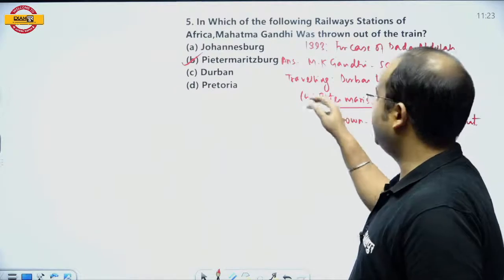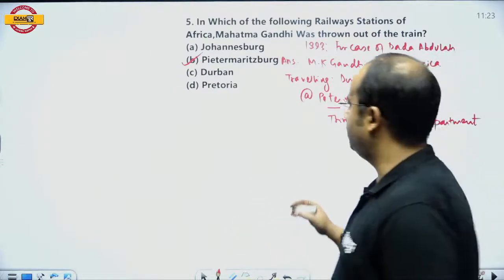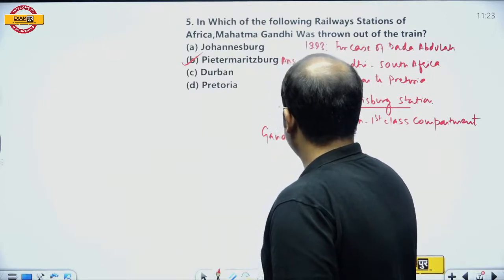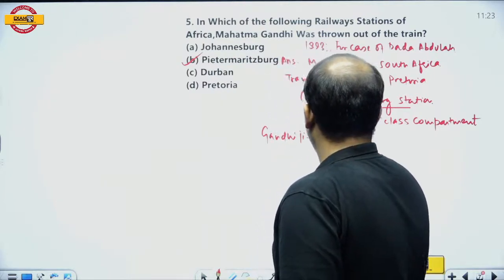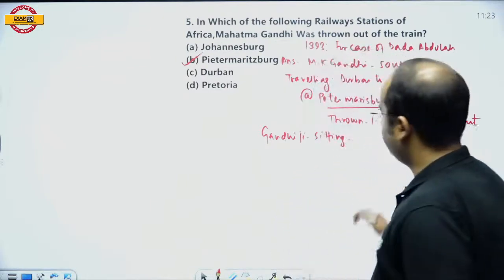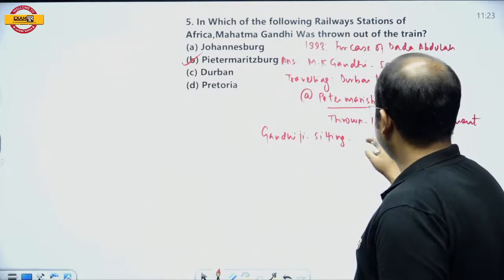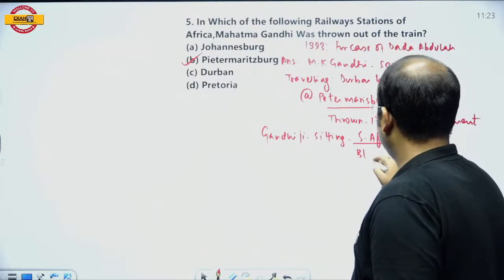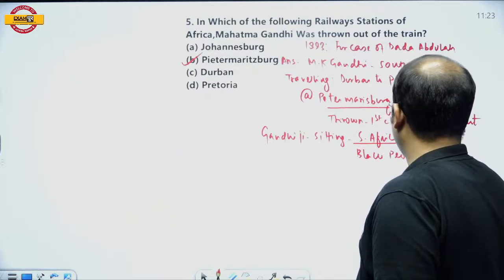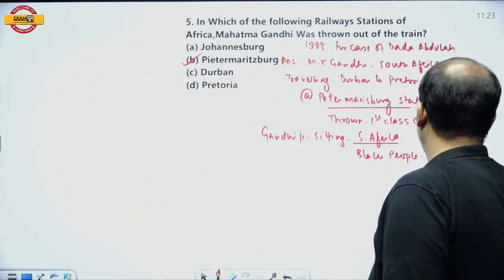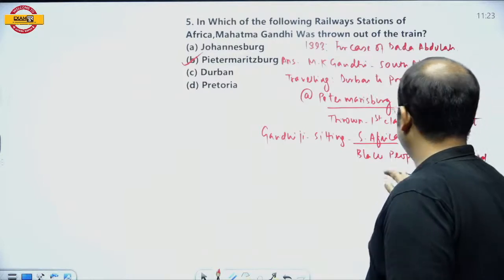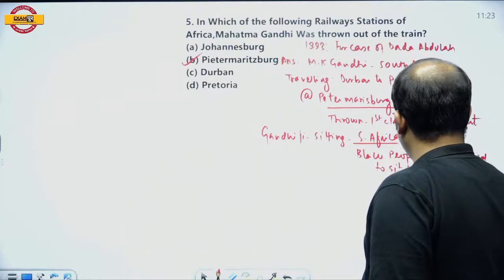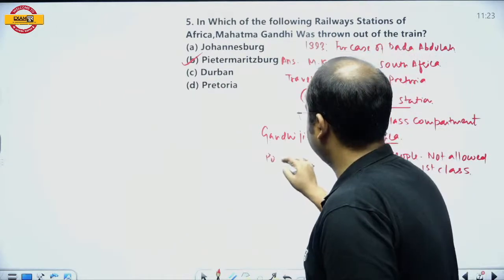Pietermaritzburg station, at this station he was thrown from the first class compartment. Why? Because Gandhiji was sitting in the first class compartment, and in South Africa black people were not allowed to sit in first class compartment because of the policy of apartheid.